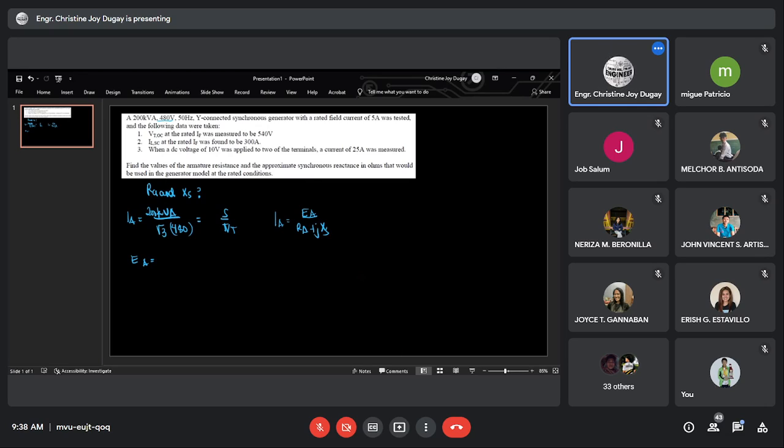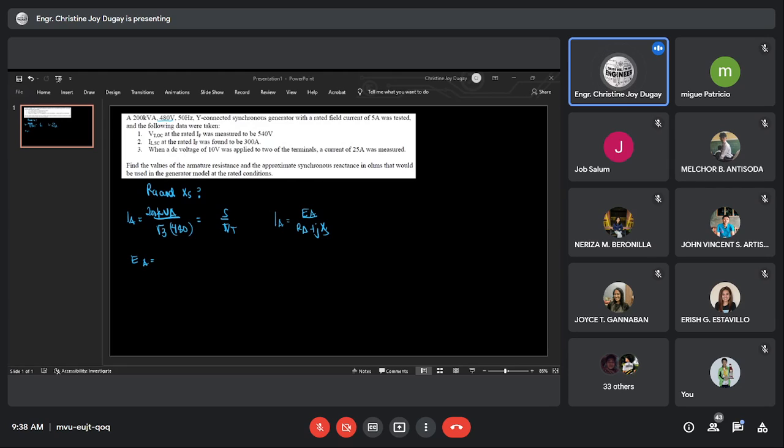Anyone? Paano natin ma-determine ang value ni EA? Or yung internal generated voltage natin, paano natin makukuha ang value niya? Dun sa PDF kanina, balikan niyo lang siya. Sabi niya kanina, dun sa OCC po natin, ang EA can be determined when IA is equal to 0 and EA is equal to V phase.